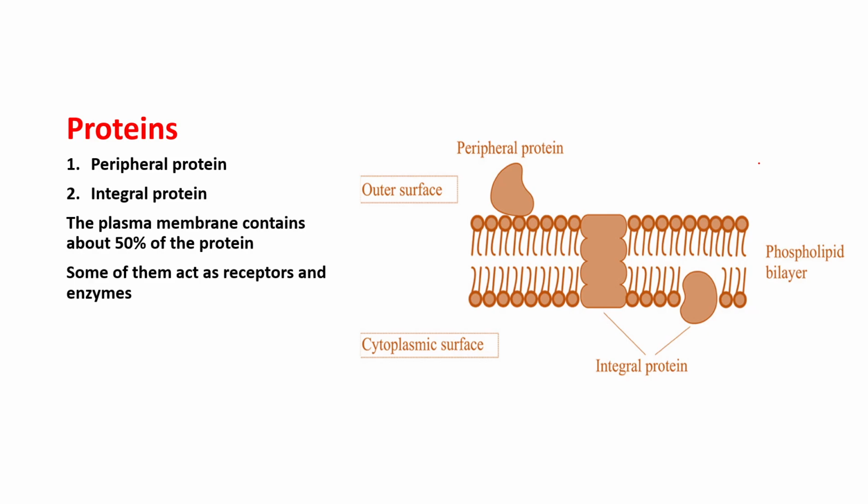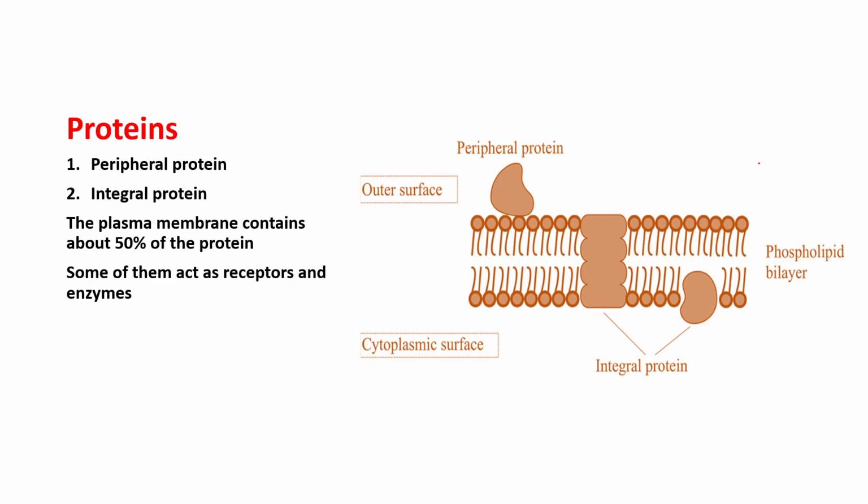Then next, proteins. There are two types of protein present in the plasma membrane. First, peripheral protein, and second, integral protein. Peripheral proteins are the proteins which are present at the surface of the plasma membrane. Either they are present on the internal side of the cell, or they may be present on the external side.